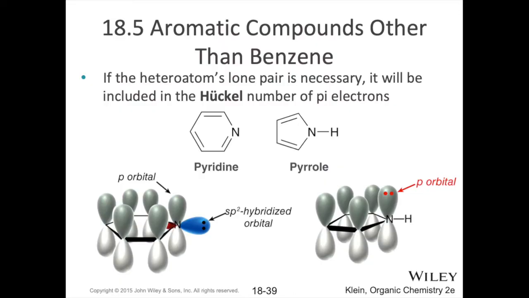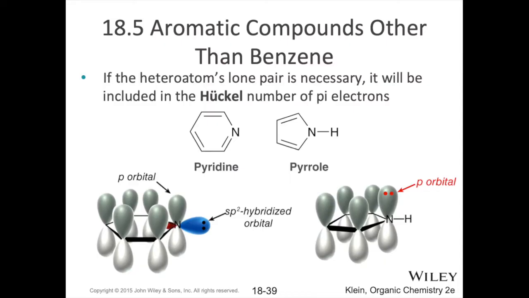Basically, you probably ask yourself, is that lone pair on that nitrogen involved in this aromatic system? Do we need this or not? And the answer is maybe. It depends on whether it's necessary for meeting Huckel's rule. If it is, then it's going to be used, and we're going to see that in the case of pyrrole. If it's not necessary, then it's not used, and that's the case that we see in pyridine.